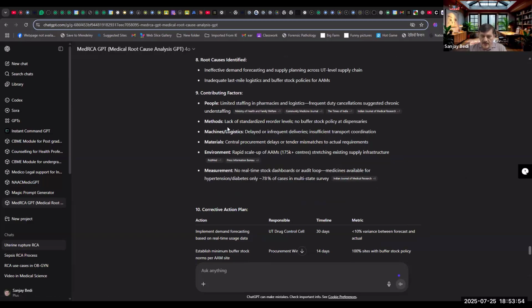The methods: lack of standardized reorder levels; machines, delayed or infrequent deliveries, insufficient transport coordination; materials, central procurement delays; environment, rapid scale up of Ayushman Mandirs, stretching existing supply infrastructure, no real-time stock dashboards or audit loop, medicines available for hypertension and diabetes.